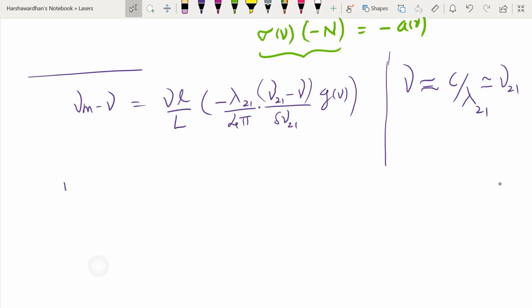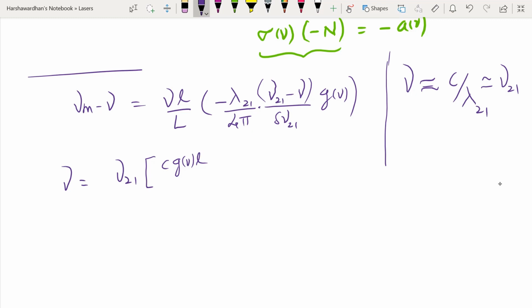All right, so I can rearrange this in the following form. I can write my nu as nu_21 times this particular factor, which I will identify as the cavity line width, but let's just first write it down.